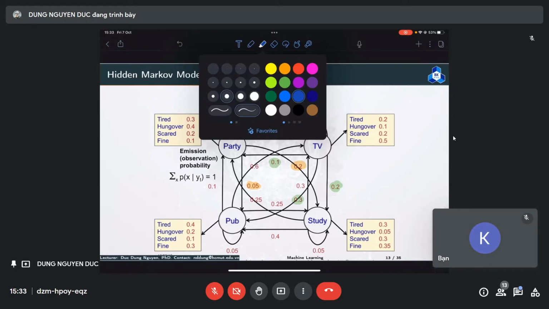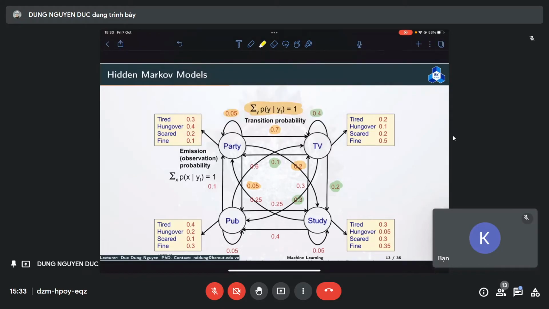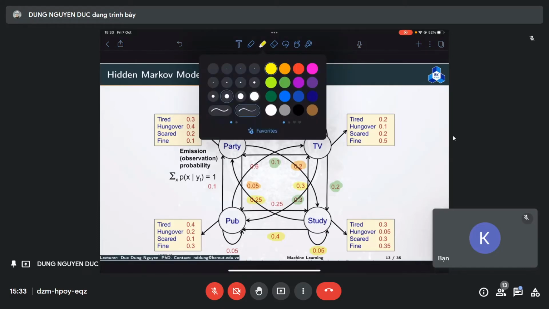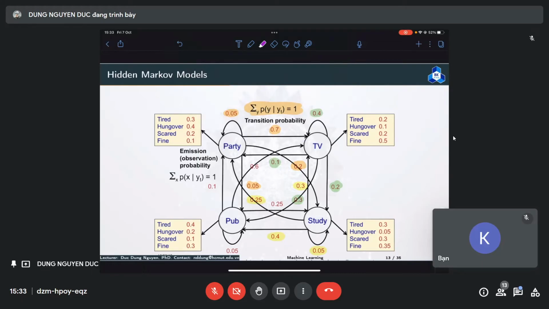And you may encounter, let me choose another color, yellow. From study to study is 0.5. From study to TV is 30%. From study to pub, 40%. And from study to party is 25%. And finally, this color for pub.